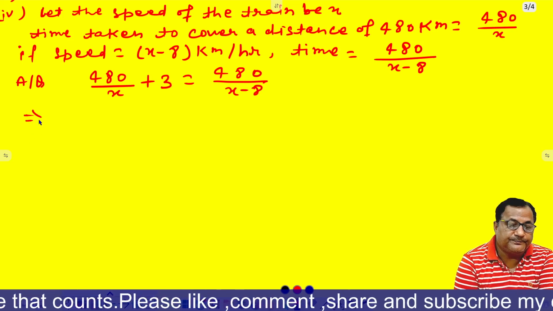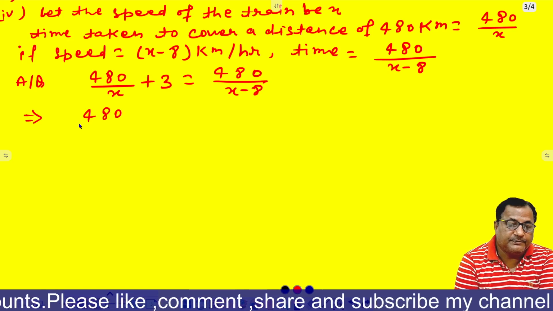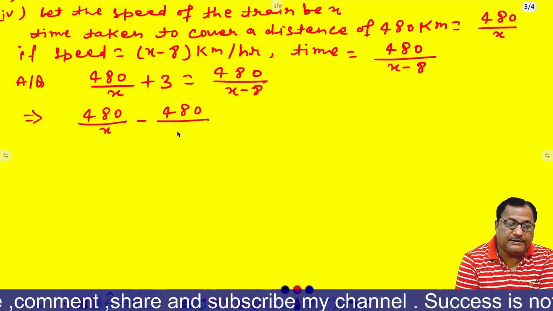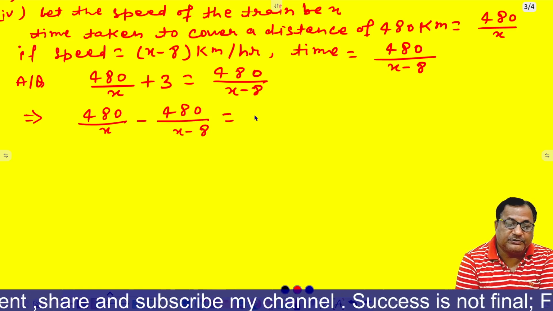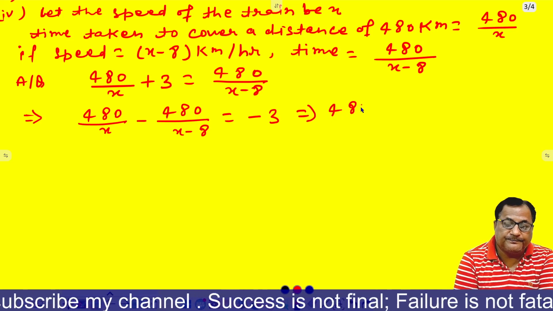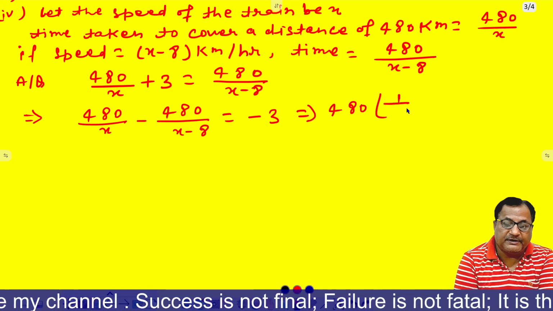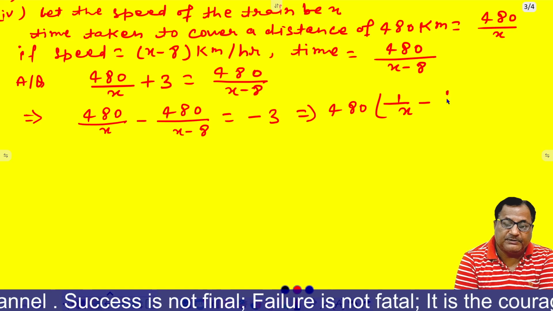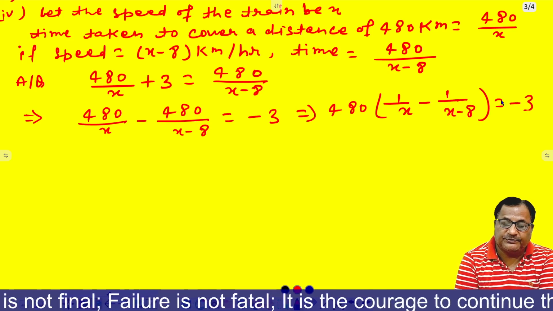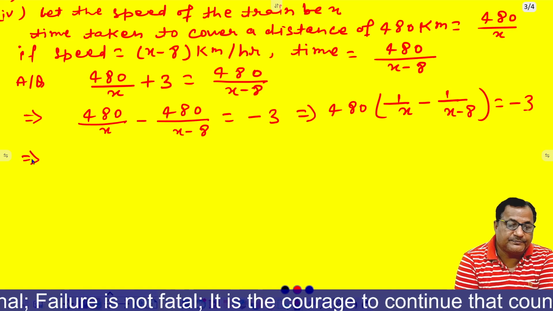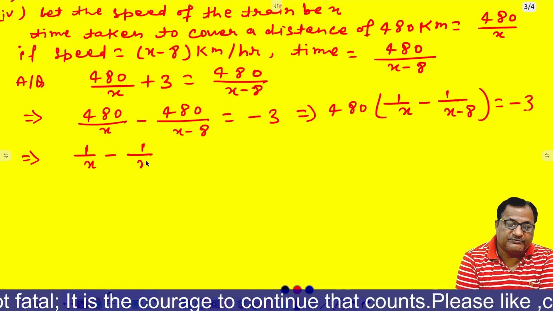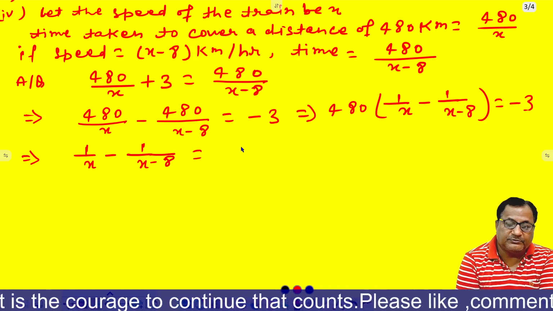So this will be 480 by x minus 480 by x minus 8 is equal to minus 3. If we take 480 common, then this will be 1 by x minus 1 by x minus 8 is equal to minus 3.